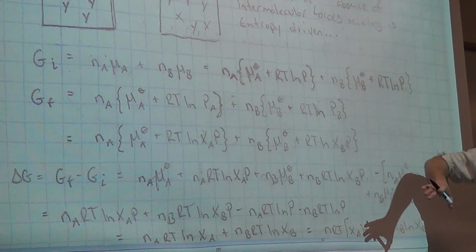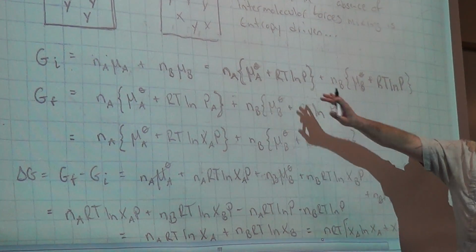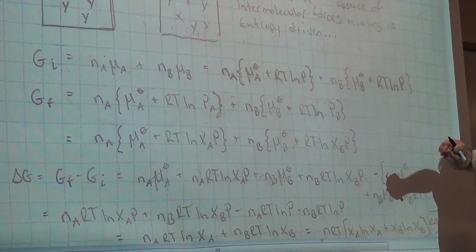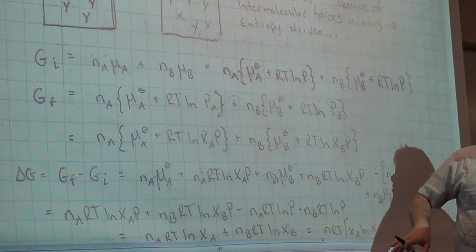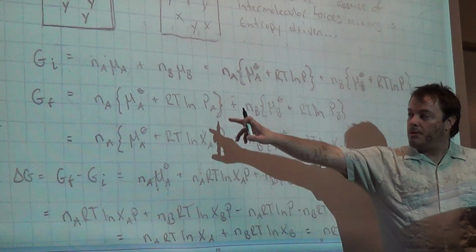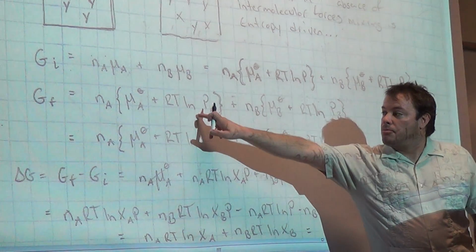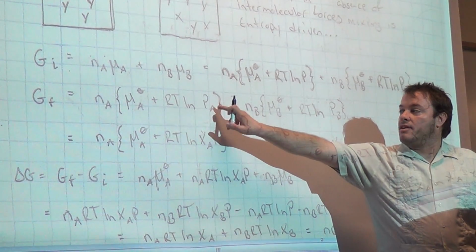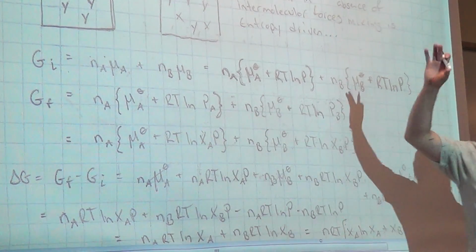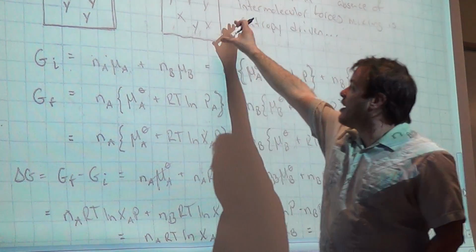So G initial is number of moles times mu naught plus RT ln P, where P is the initial pressure we start at. G final is the number of moles times mu naught plus RT times ln of the pressure that the component exerts at the final stage.